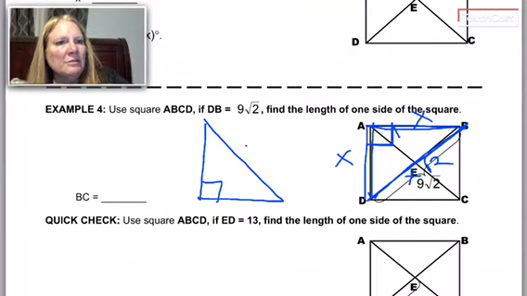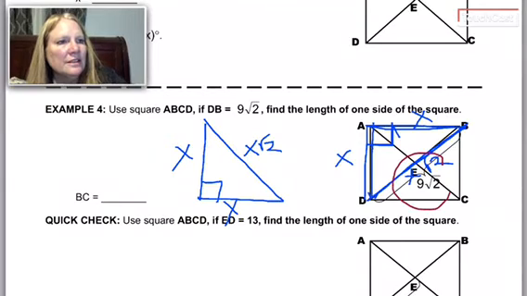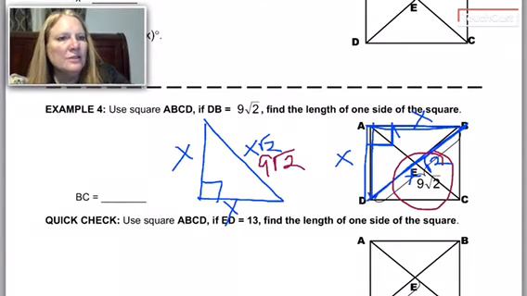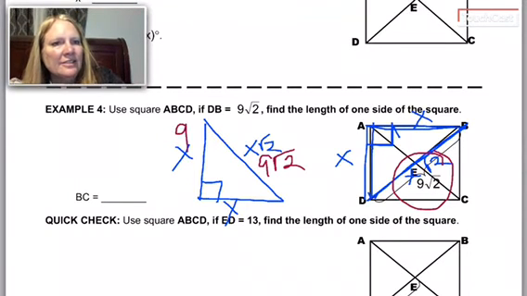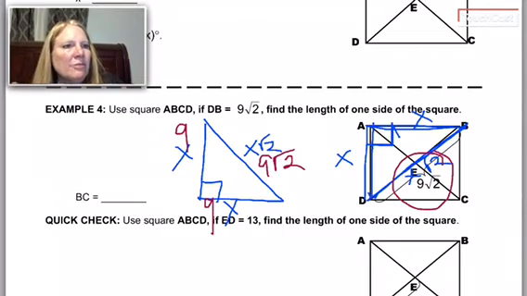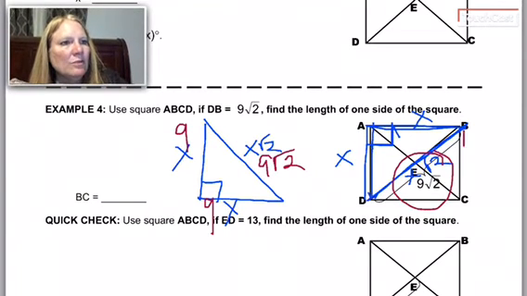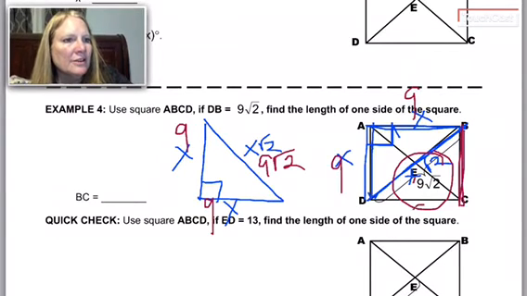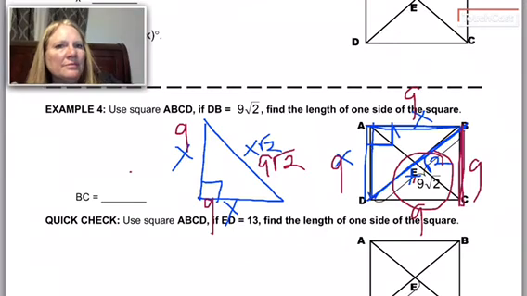The side across from 90 is x square root of 2, and the measurement they give us is that x square root of 2 is equal to 9 square root of 2. So that makes x 9. They're asking for BC, which is one side. All the sides are the same, and so all of the sides here are 9.